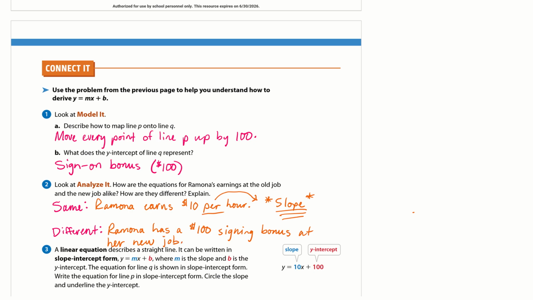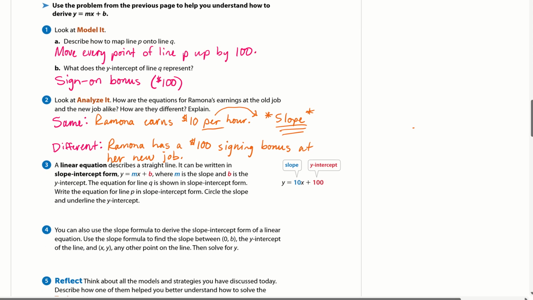If you noticed other things that are the same or different, that's fine. Those are probably the two that we really want to make sure we find, though. Definitely want to know that there is the $100 signing bonus, and that's what makes them different. But at the same time, the hourly pay is still the same. Okay. Next one, we're going to look at number three.